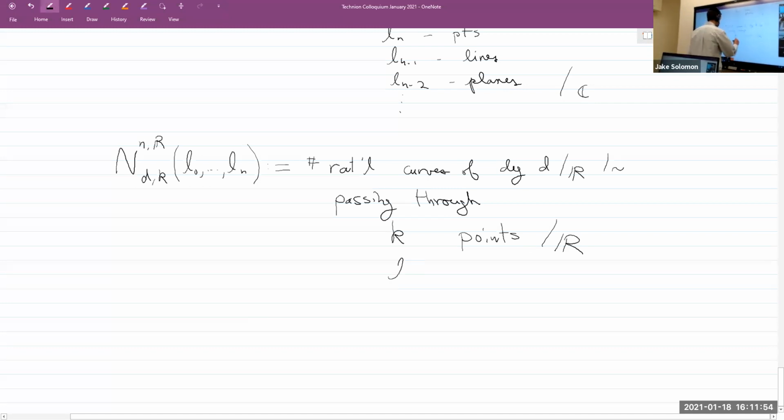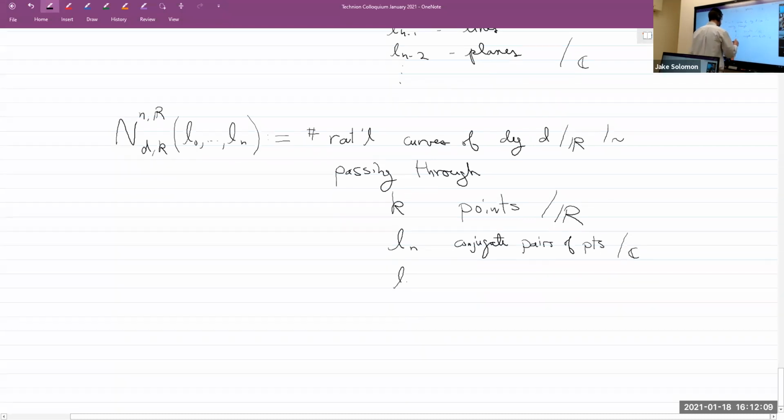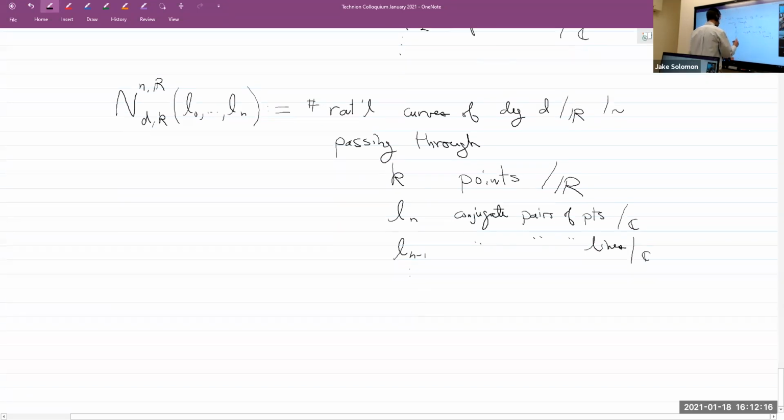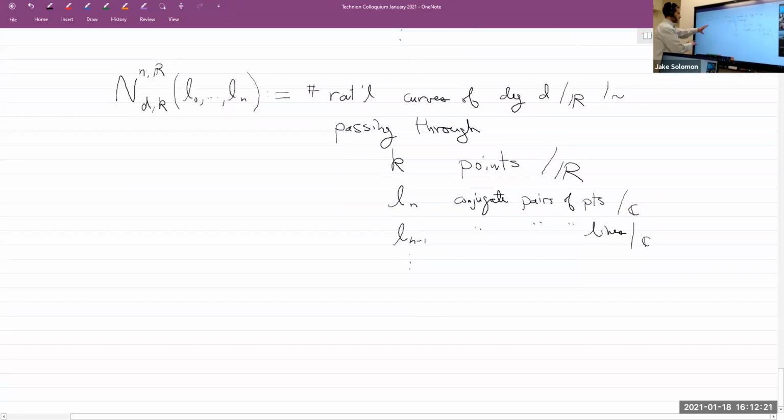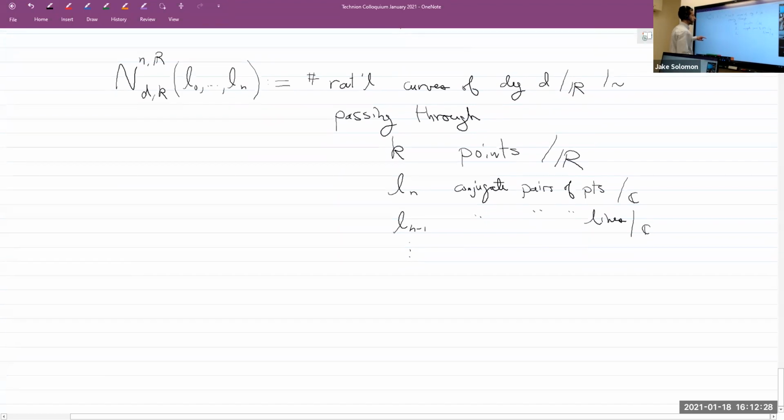So you have L_n conjugate pairs of points over C, and L_{n-1} conjugate pairs of lines over C, etc. Okay, and these will be either 0 or not 0, depending on whether the degree and the number of constraints match up in the right way.